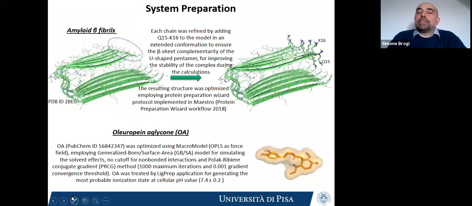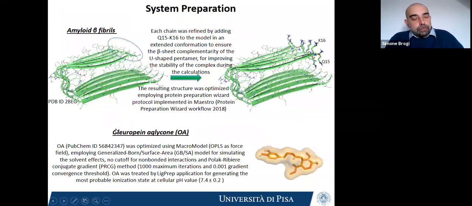Starting from the system preparation step, we performed an extensive computational refinement in order to obtain a reliable starting structure for further computational study.